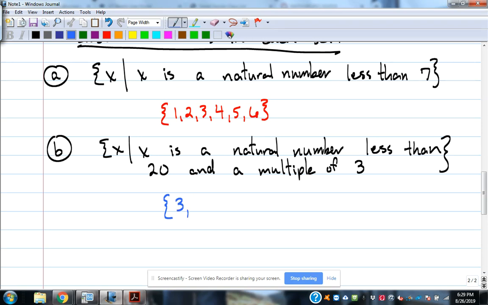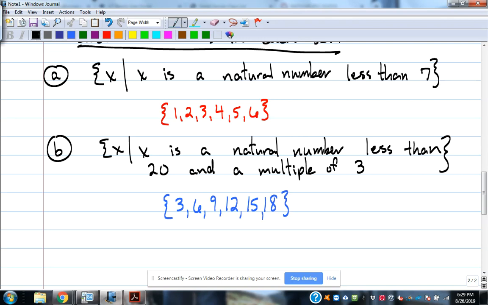What else? 6, 9, 12, 18. One in between there, 15. So there's a finite set that we have there. All right, so listing the elements that are in the set, nothing incredibly hard there, just good old-fashioned set stuff.